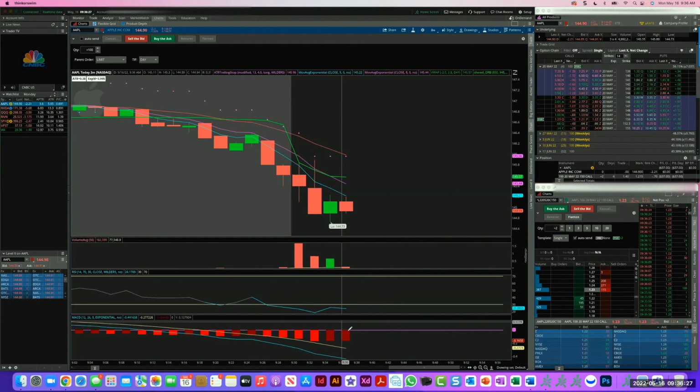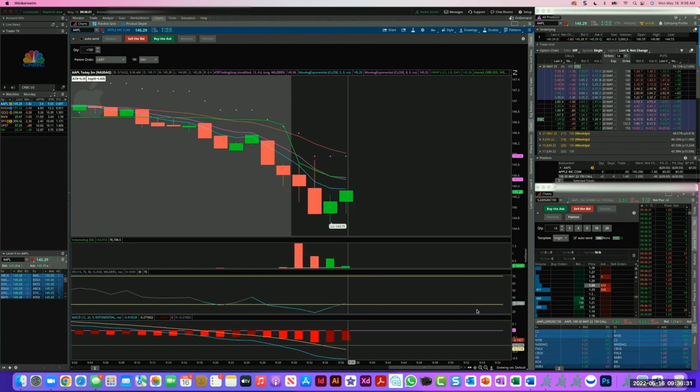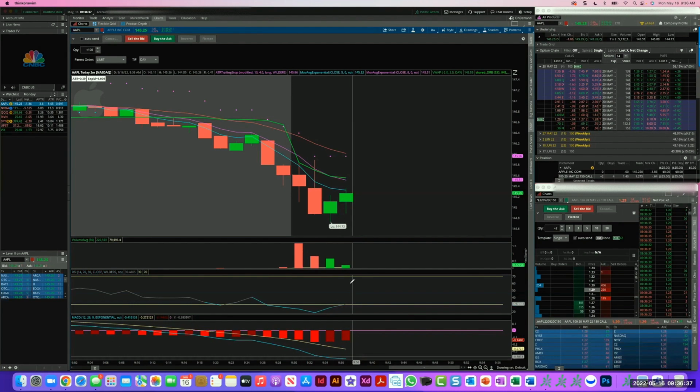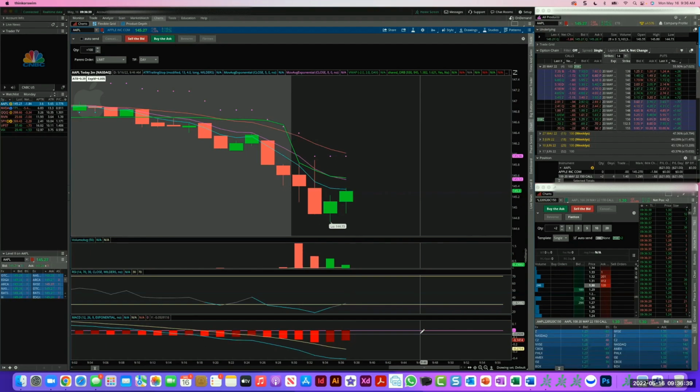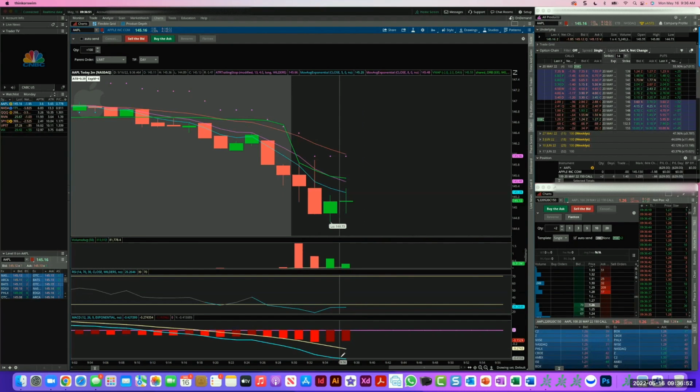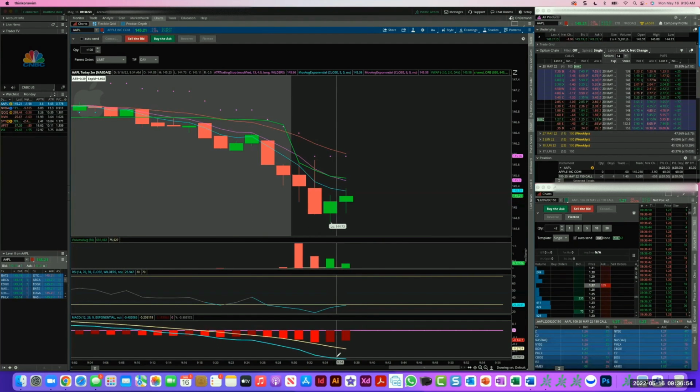All right, so it looks like we're getting a turn here on Apple. So we've got the MACD looking like we're supposed to flatten out here. Still not quite flat, still pointing down.